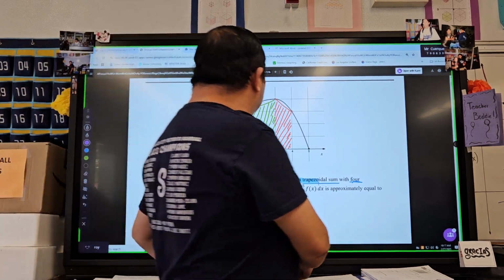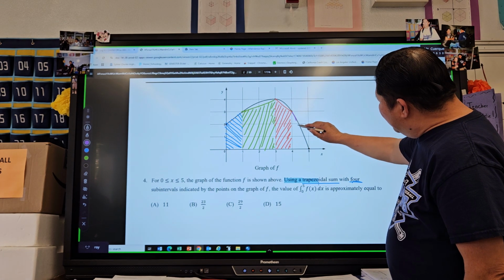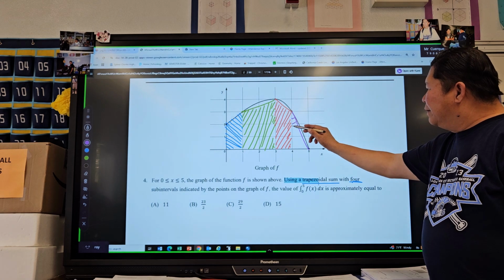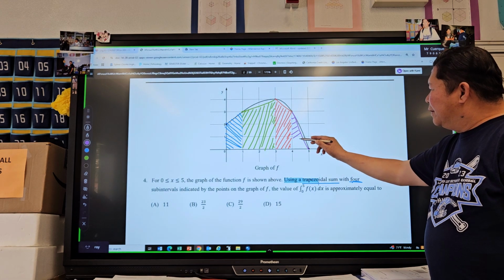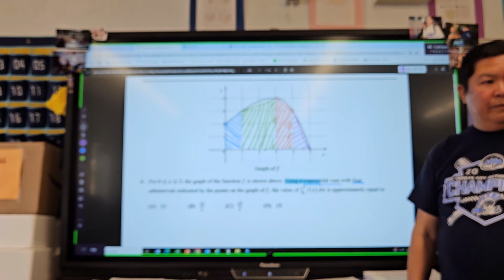So connect the 2 points. That's the triangle. Okay? So this is the fourth trapezoid, right? Okay.